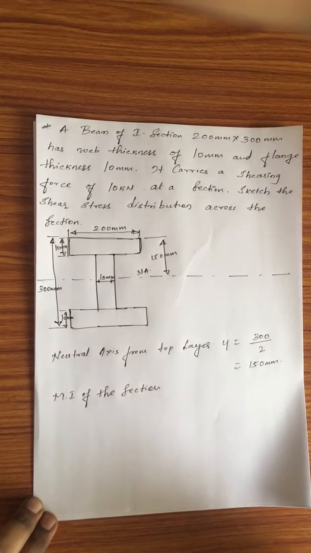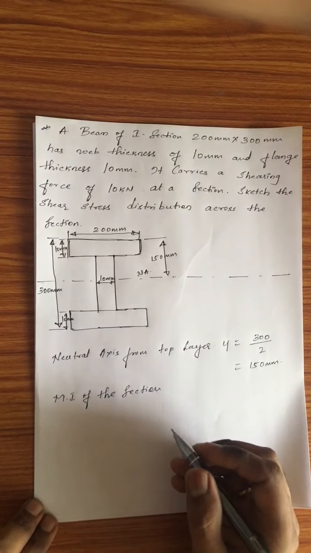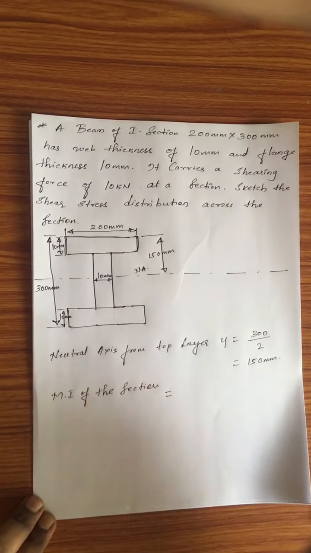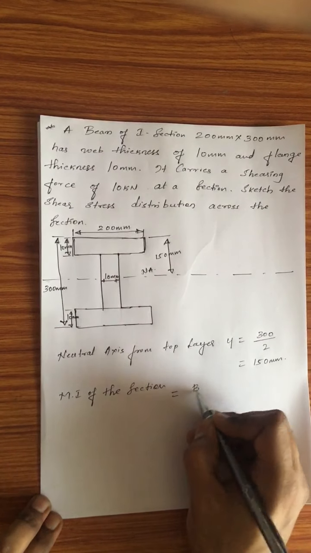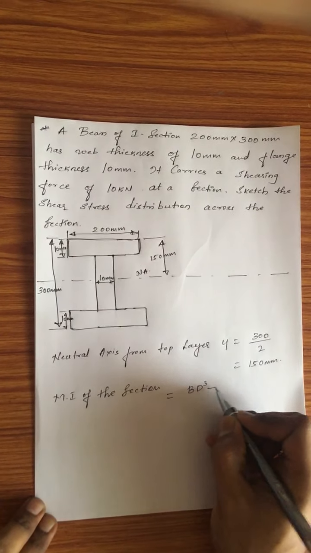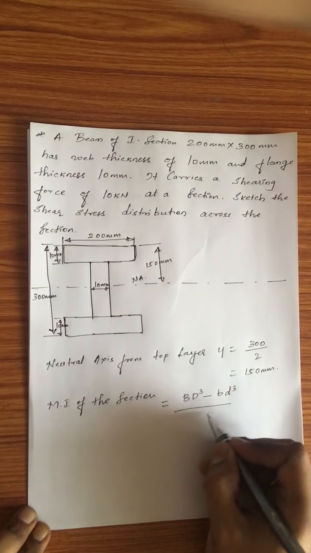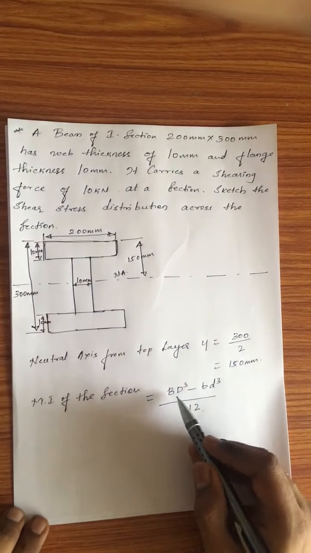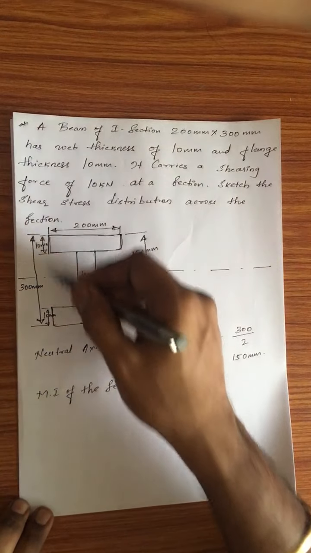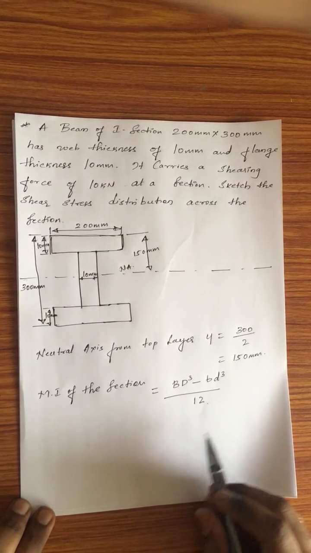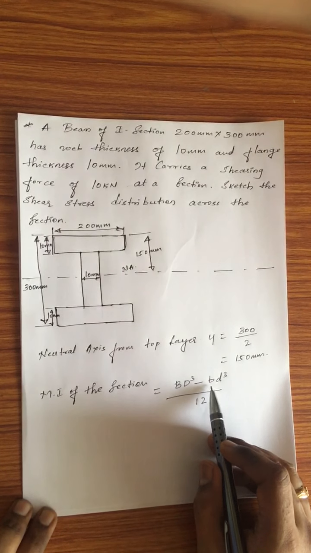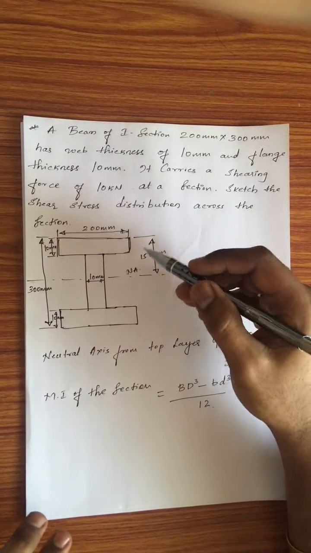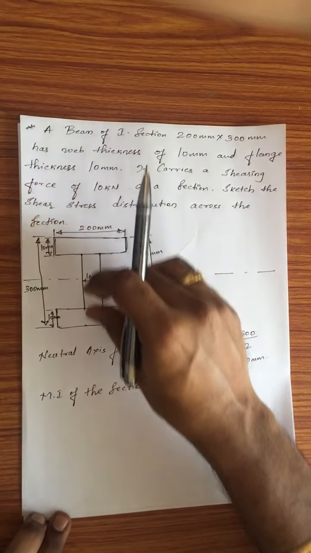Since this section is symmetric about both the x-axis as well as the y-axis, that is the horizontal axis as well as the vertical axis, the formula to find MI will be quite simple for this I section, which will be equal to (BD cubed minus small d cubed) divided by 12, where capital B is equal to 200 mm, capital D is equal to 300 mm, small b is equal to 190 mm and small d is equal to 280 mm. That is this whole D minus this flange portion.